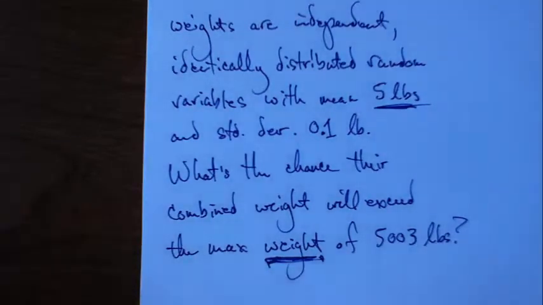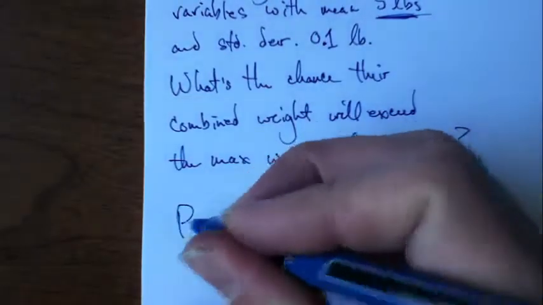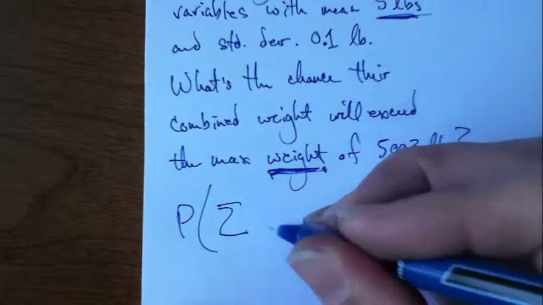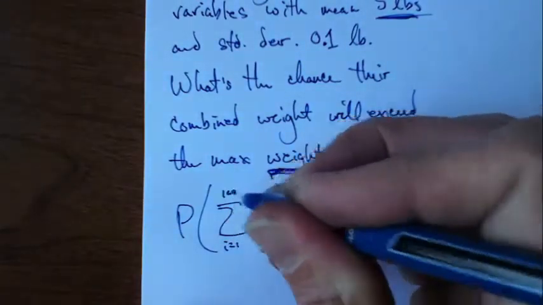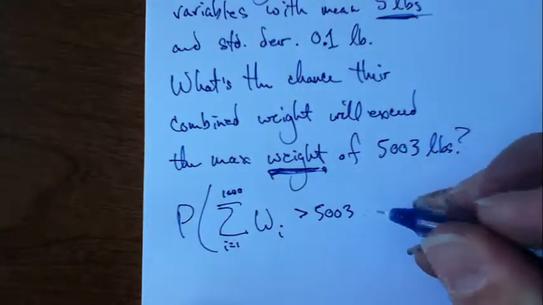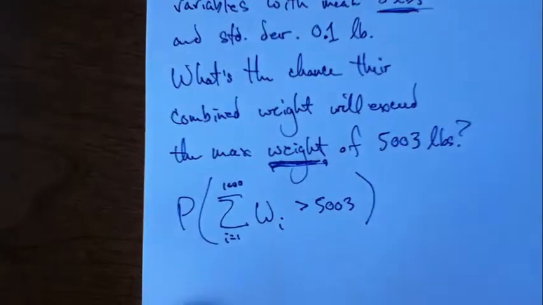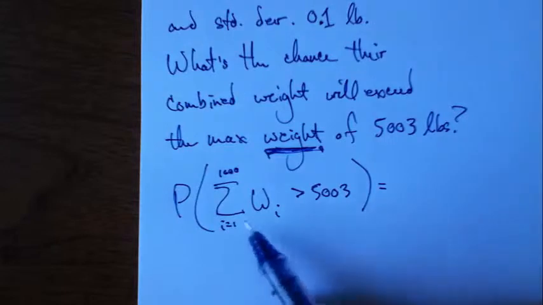Okay, so what we want to know is the chance that the sum of these, maybe we'll call them W_i, i goes from 1 to 1,000, exceeds 5,003 pounds. Well, what I can do is standardize each side of this.